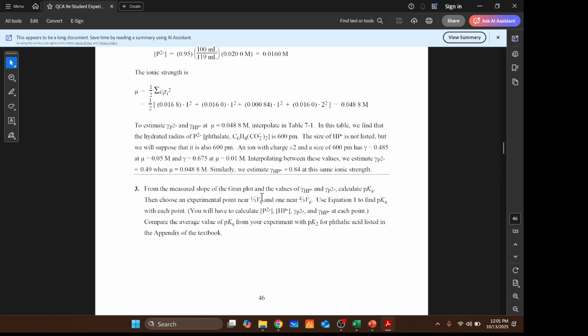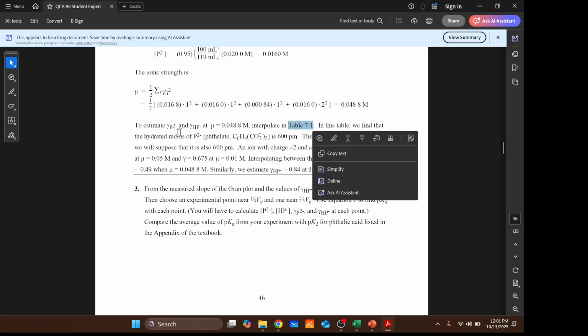Now, you'll then estimate these gamma values, the activities of each of these species for the base and the acid and its conjugate base. You take the mu value that you got. You go to table 7.4 in your book.